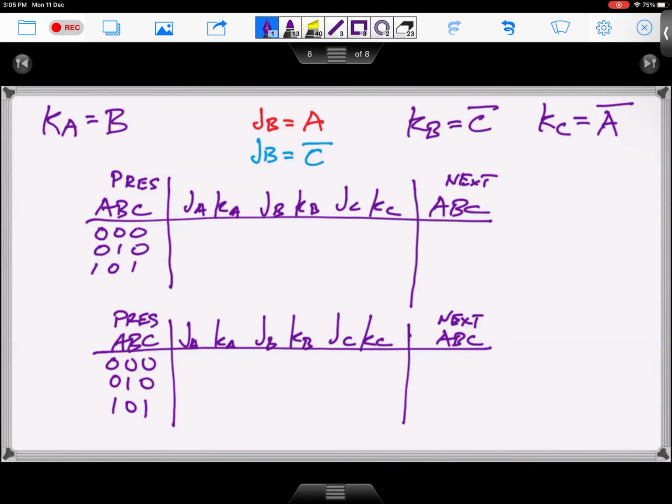Now, JA is a 1 all the time. That was what we discovered before. KA is always B. That is B. Pay attention.